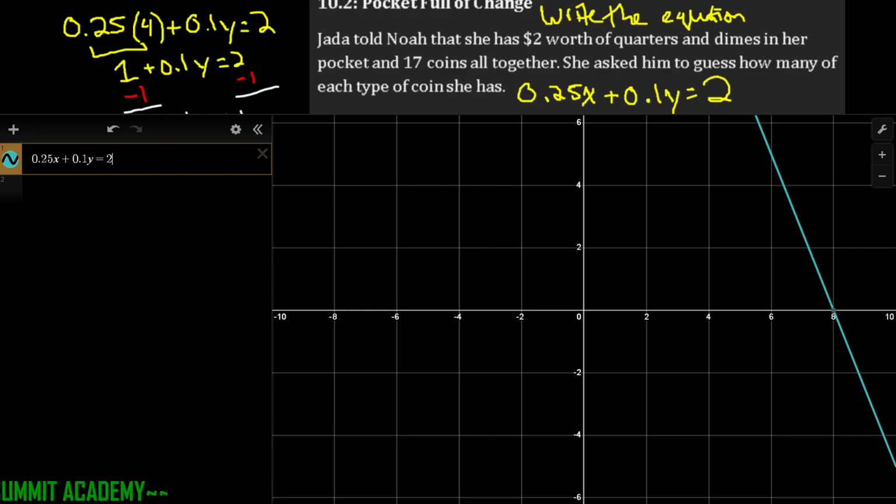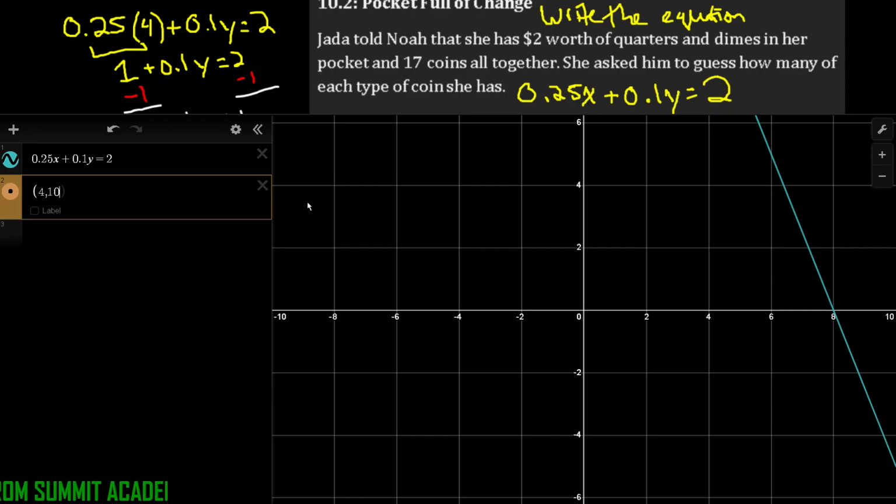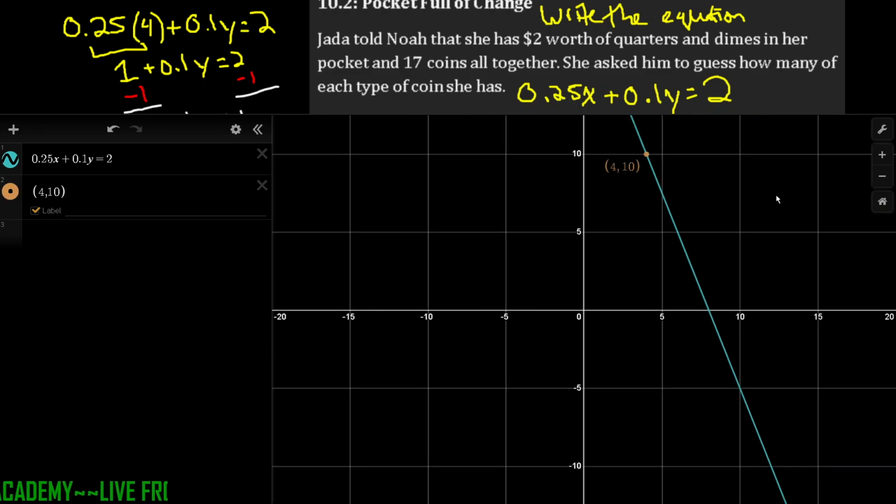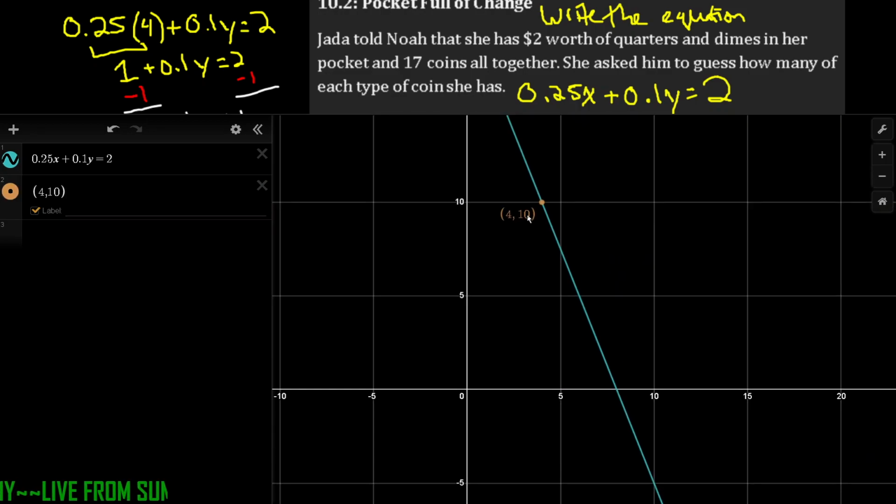Now I can ask, is the point 4 comma 10 on my graph? Well, I can find it out. Yes, it is. Since it is on the line, I know it is a solution. That just means it works out for our equation.